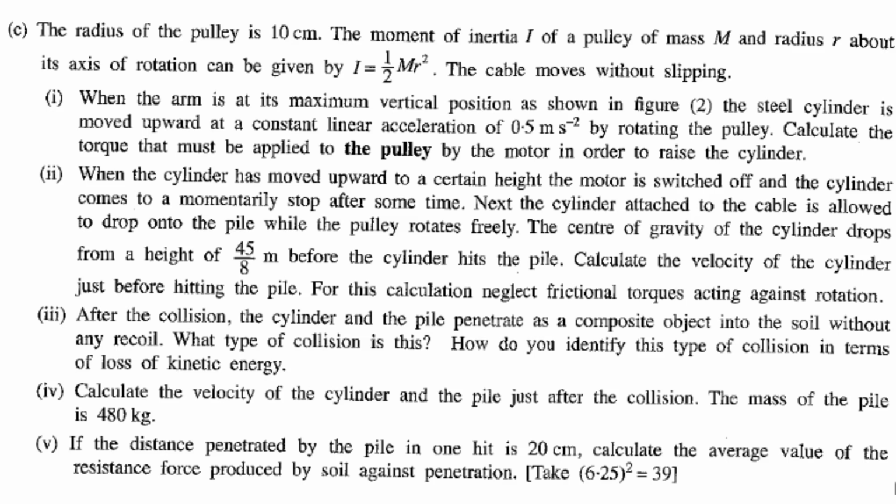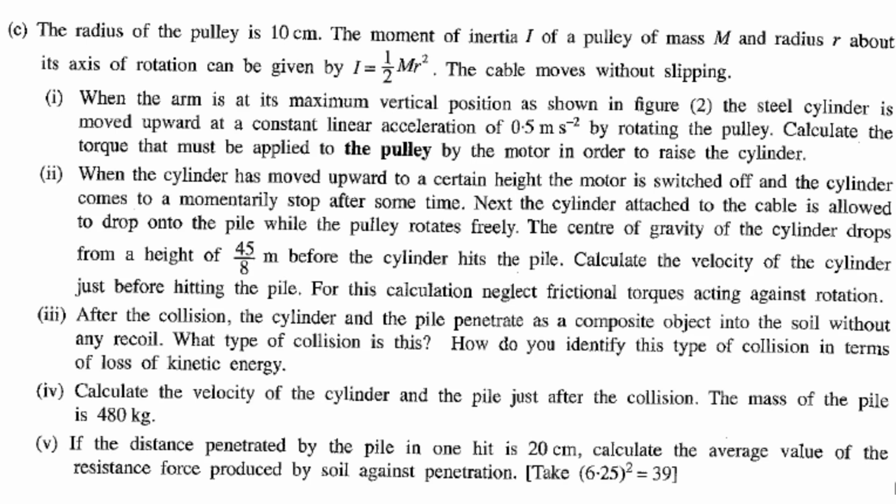Part 3. The radius of the pulley is 10 centimeters. The moment of inertia, I, of a pulley of mass m and radius r about its axis of rotation can be given by I equals half m r squared. The cable moves without slipping. Part 1.